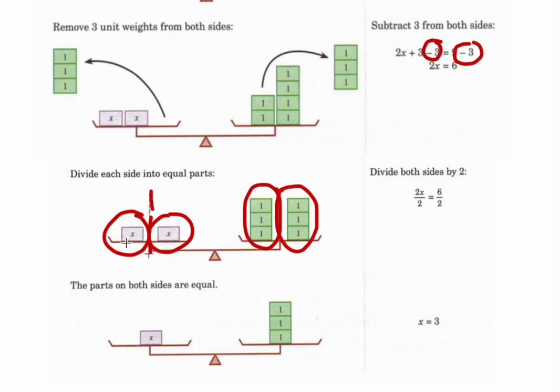So 2 of the x blocks or boxes would equal 6 blocks on the other side, or also x equals 3. So they divided by 2. So that's if you were to actually put stuff onto a scale and act it out. So algebra is a great shortcut.